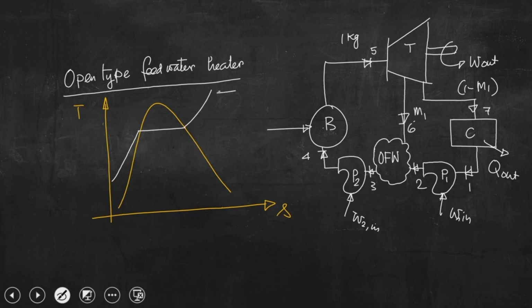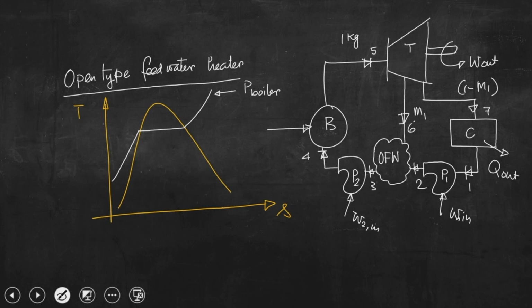Now, you know that this is a regenerative power cycle, a modified Rankine cycle, so steam is superheated beyond point 3.